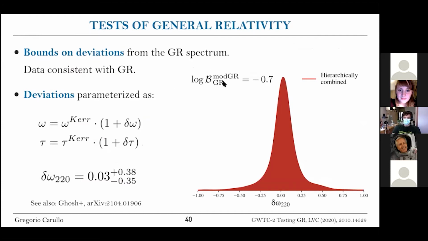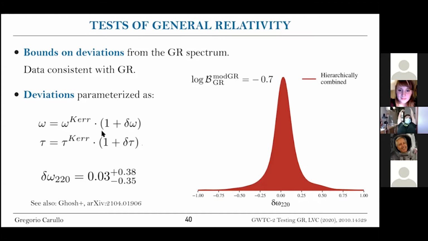And so from that paper, I just want to report one result, which I think is very interesting, which is a bound on the deviations from the GR spectrum. So what you do is that you predict some frequencies, assuming a Kerr metric, so the frequency and the damping time, and then you add essentially a parameterized deviation, so 1 plus some parametric deviation, and then you want to constrain these deviations from the data.